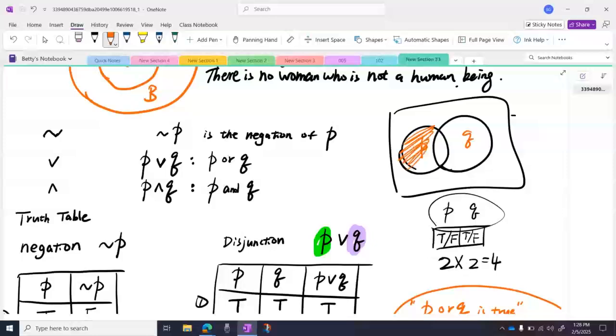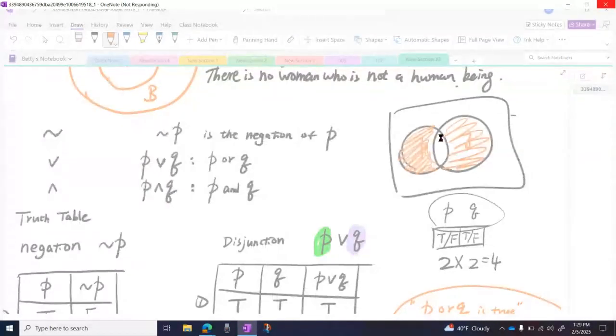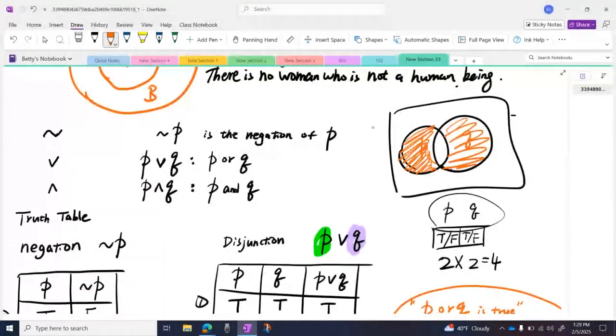This part is P is true, Q is false. And this part is Q is true, P is false. And the middle is both of them are true, right? You can understand it like that. Let's give it a little bit of time.